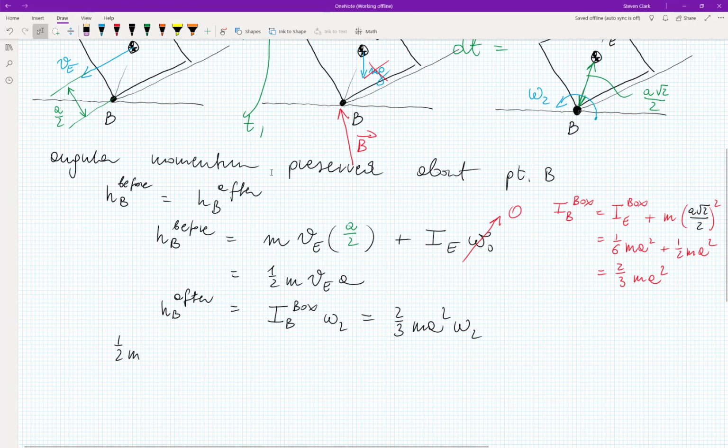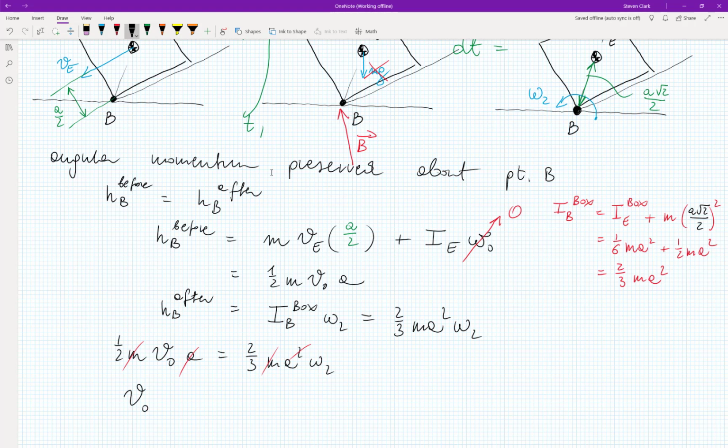We have 1/2 M V0 A, and this is equal to 2 divided by 3 MA squared omega 2. Let's simplify some stuff. M can be simplified, A can be simplified, and we end up with V0 equal to 4 divided by 3 omega 2 A. Or we can also express omega 2 as a function of V0. I don't know which one will be useful for us later. Let's have them both.